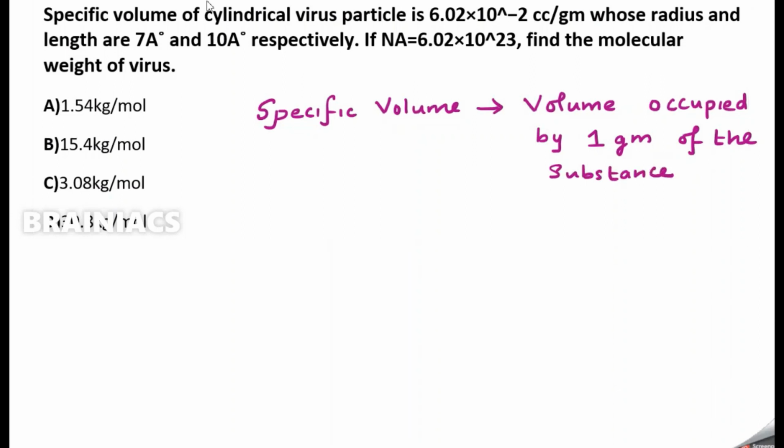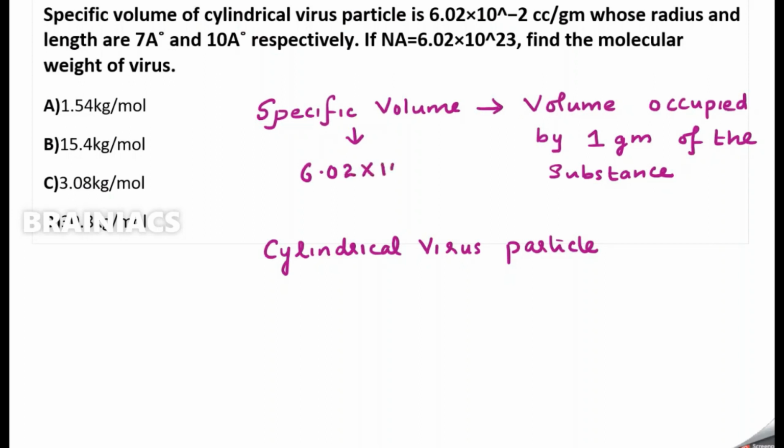Now here they are talking about a cylindrical virus particle. So we say it is cylindrical in nature. So cylindrical virus particle, correct? Now, since it is cylindrical and they have mentioned its specific volume is how much? 6.02 into 10 power minus 2 cc per gram.